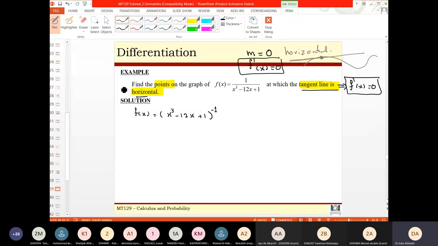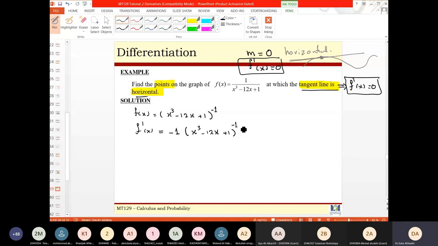According to the rule, the derivative of this amount, f dash of x, is equal to the derivative of the bracket multiplied by the derivative of what is inside. Derivative of the bracket: minus 1 comes down, and I have x^3 minus 12x plus 1, and the power will be minus 1, and I subtract another 1 from it.